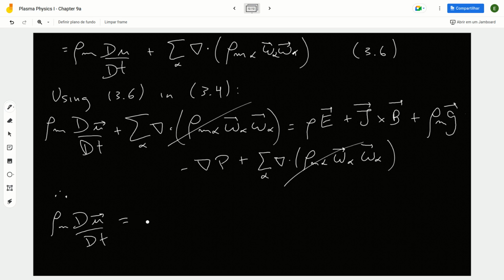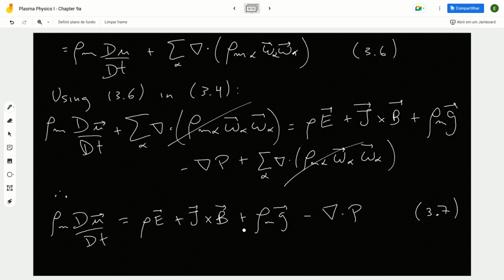Okay, this is rho E, electric field, current, magnetic field, gravity, and pressure gradient. That's the equation of motion. Next, we're going to derive the energy equation.